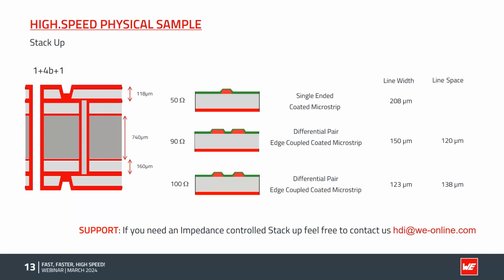You cannot copy and paste these parameters into your design. It has to be fixed to the material and also the stack up. So if you want to use some impedance controlled stack ups, feel free to ask us for your individual stack up. We created with our background in mind that we really can also produce this very stable.